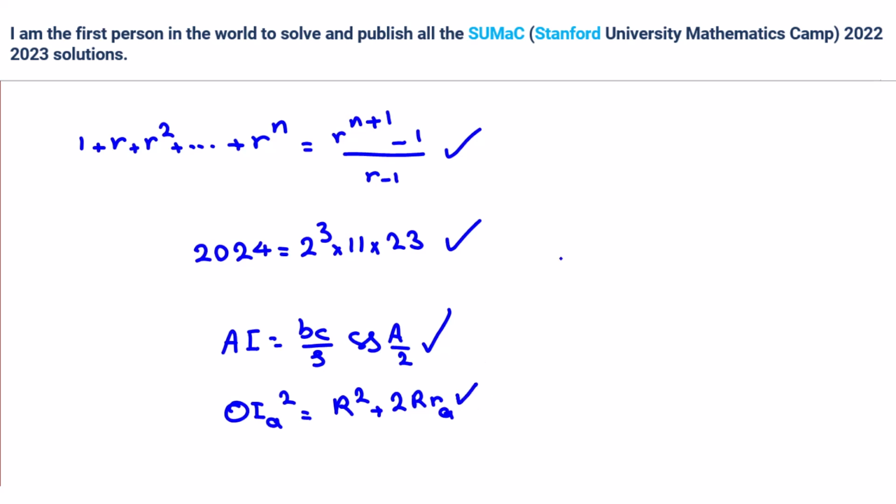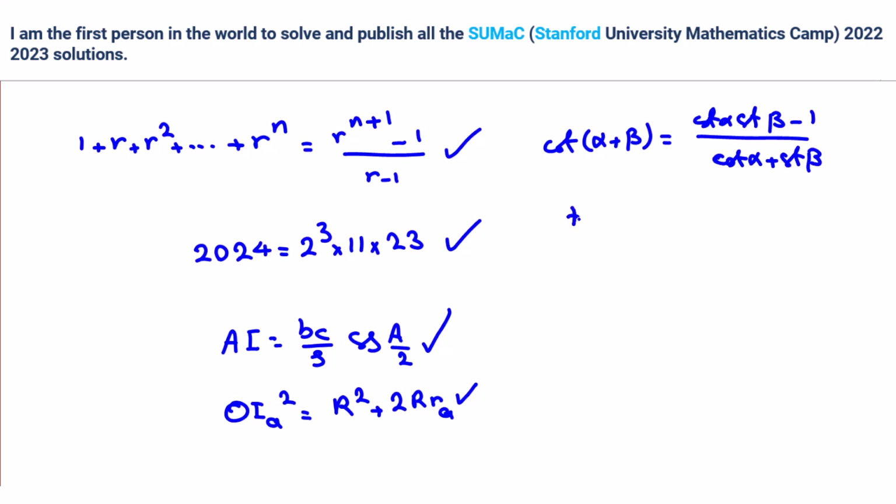So this one: cot of alpha plus beta is what? Cot of alpha plus beta is cot alpha cot beta minus 1 over cot alpha plus cot beta.